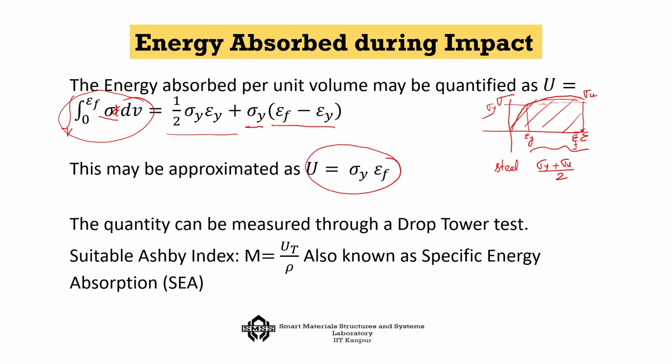So, that is the way we can approximate the energy that is absorbed, and this can be done very easily through a test which is called a drop tower test.